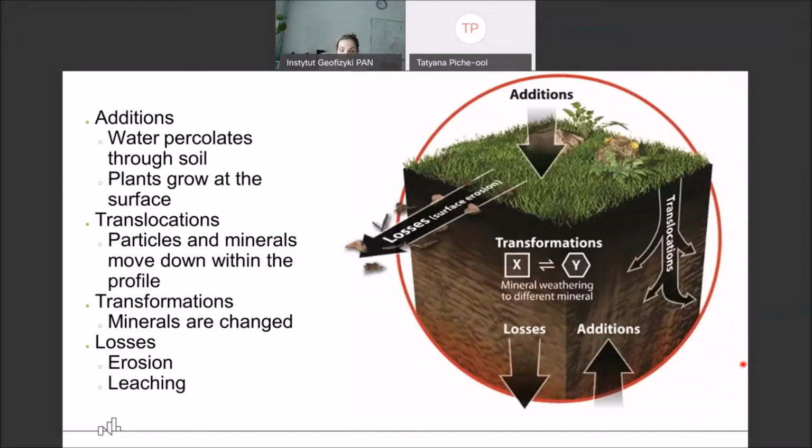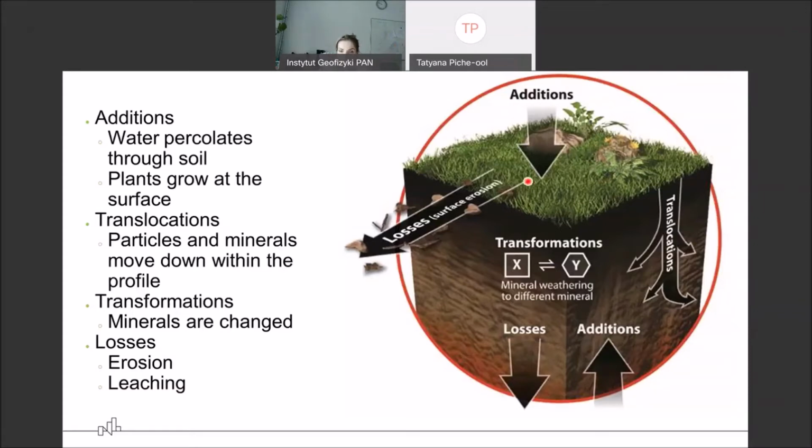So this is what happens in soil, and the basic processes are additions, transformations, and losses. Additions of materials come with rain, because water percolates through soil, and also from parent material. Some minerals are added to soil from the parent material, so these are the additions.